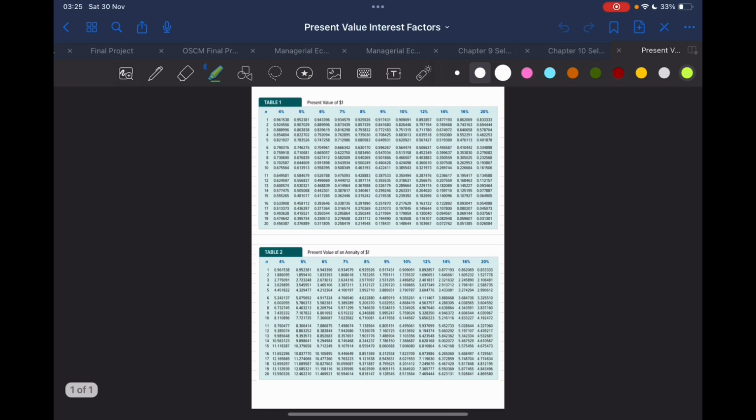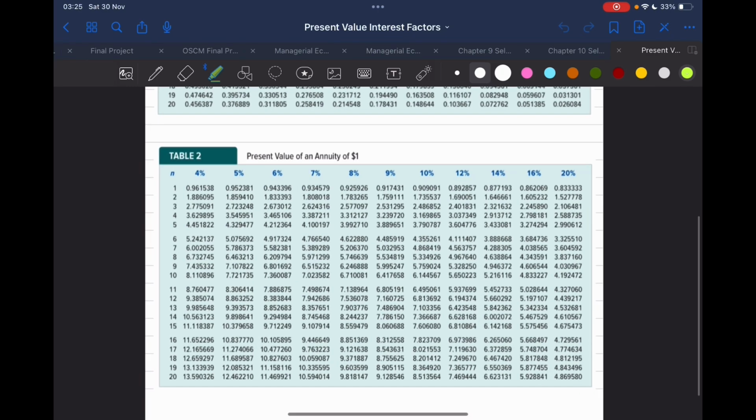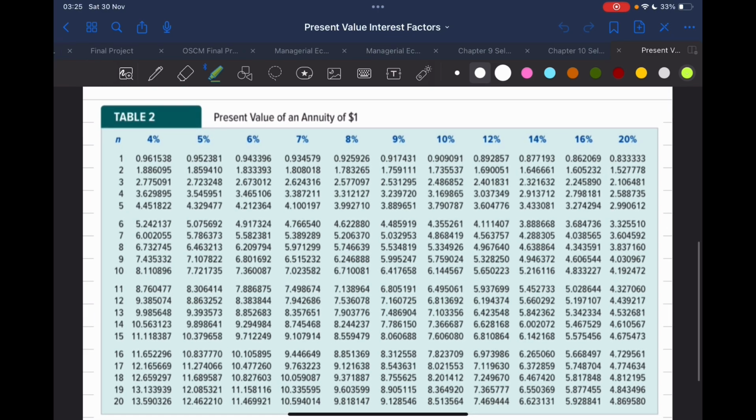So here, table 2, we'll zoom in. At 5 years, we are looking for 4.1002, which is approximately this right here.